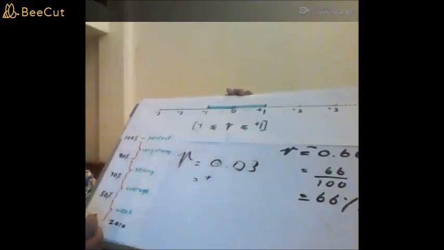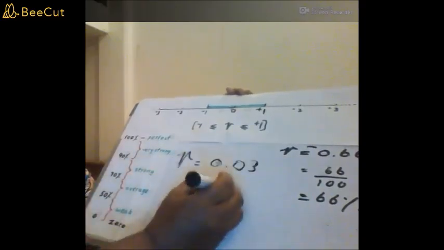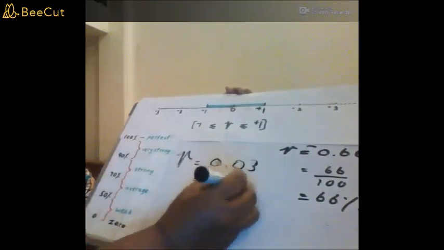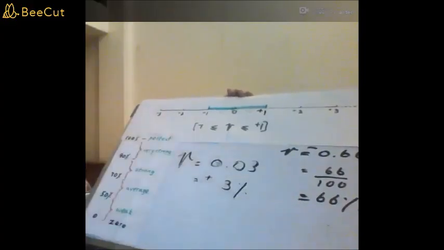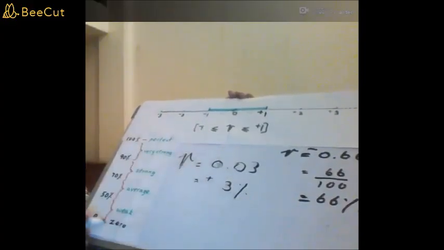So it is plus, right? That means positive. Then 0.3 as a percentage, 3%, right? Not 30%, 3%. So 3% near 0, close to 0.